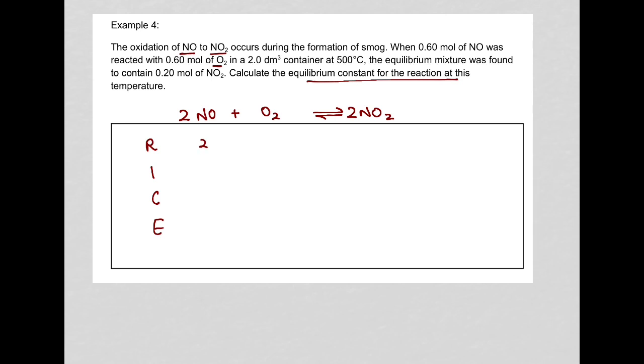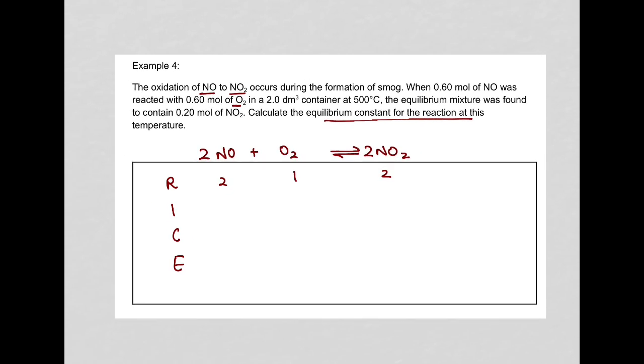So ratio 2:1:2. Initial concentration. So remember again, concentration is number of moles divided by volume, and it says here volume is 2 dm cube. So concentration of NO will be 0.6 divided by 2. So that's 0.3.